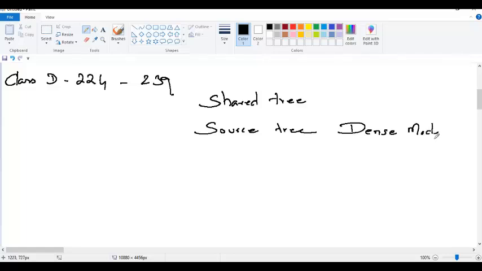Shared tree, we call it sparse mode. Two types of mode, dense mode and sparse mode. Source tree, shared tree. But nowadays, we don't see this dense mode supported because it's not a good approach.